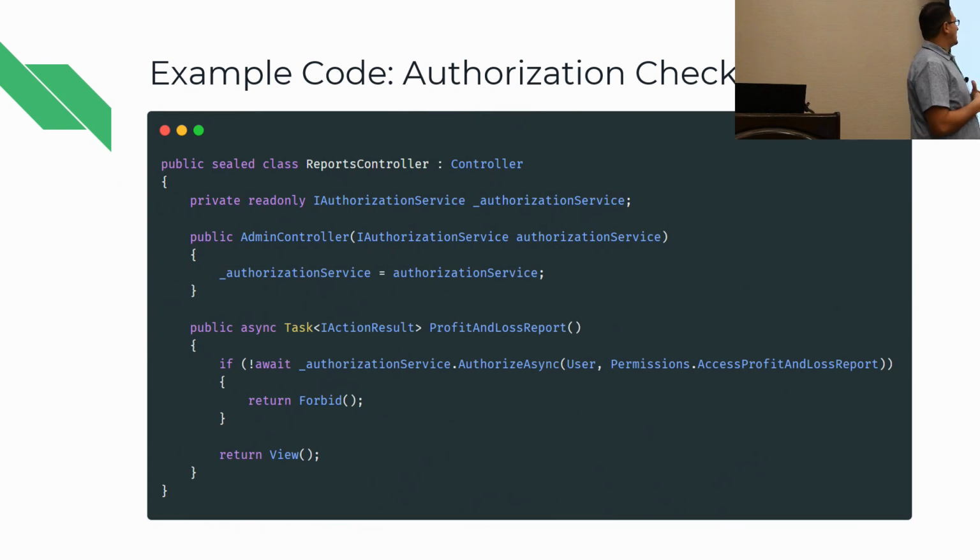After all is done, here's how a controller would look. You'll have a controller, and you inject your authorization service in the constructor. As you can see here, I'm checking, does that logged in user have permission to my static instance? And if not, we're going to tell them, go away.